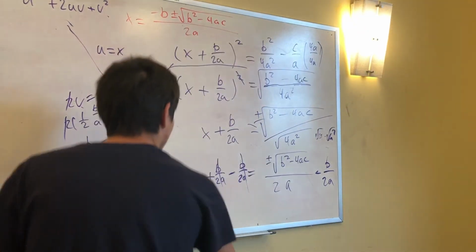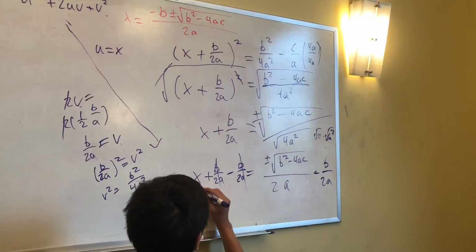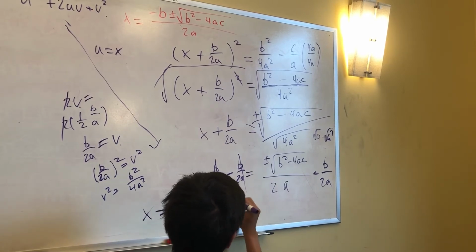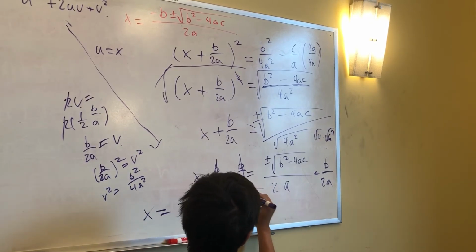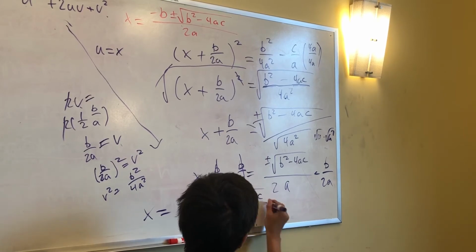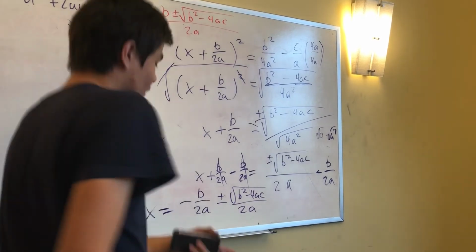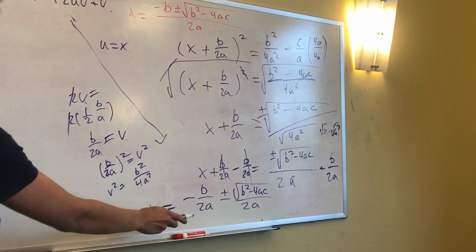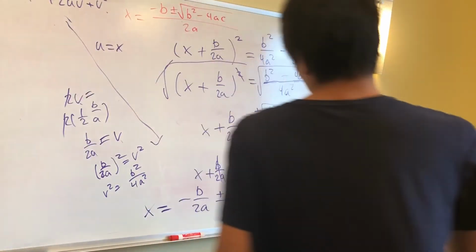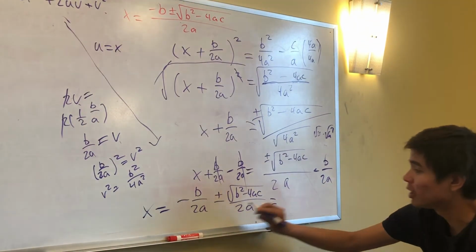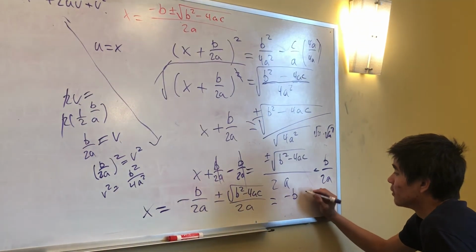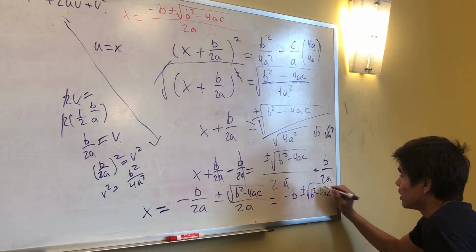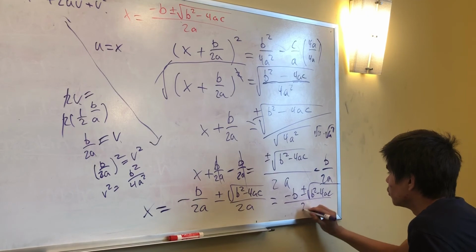And what do we have? x is equal to negative b all over 2a plus or minus the square root of b squared minus 4ac all over 2a. And that, my friends, is the same as that because we simply put it all under the same denominator. Negative b plus or minus the square root of b squared minus 4ac all over 2a.